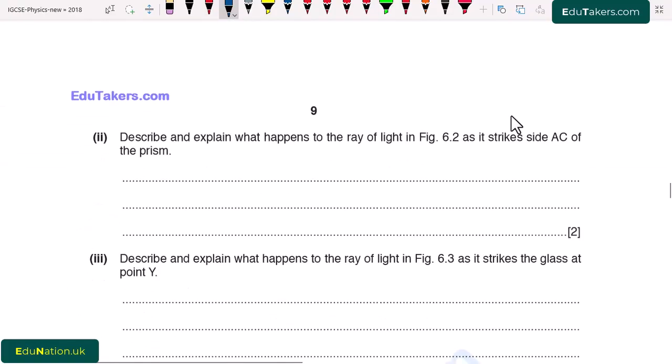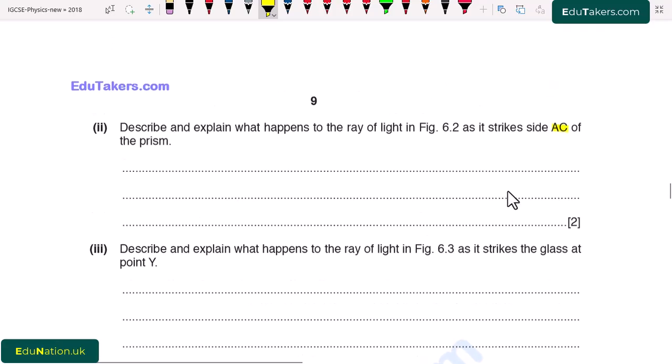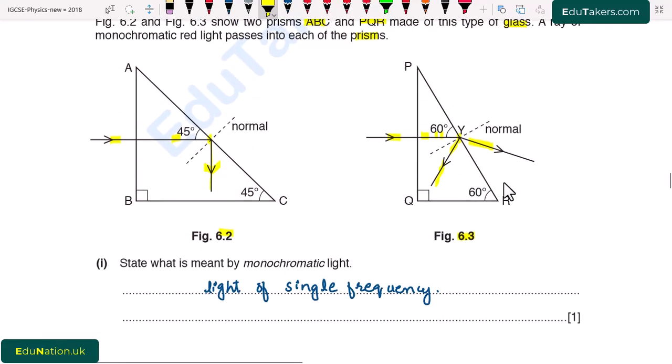Next part 2. Describe and explain what happens to the ray of light in figure 6.2 as it strikes side AC of the prism. So going back, it's the face AC and the ray of light falls on this face, and we can see that it bends in a downward direction. It means that there is total internal reflection. There is no refraction.